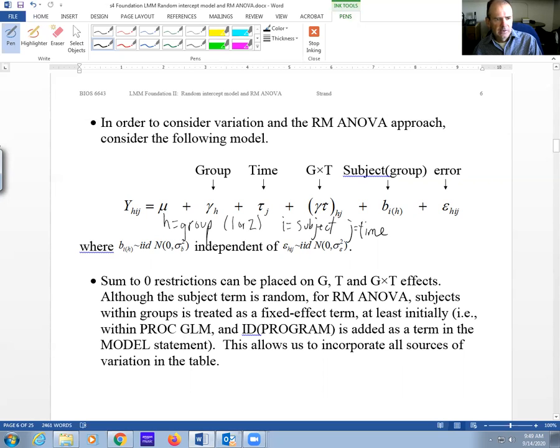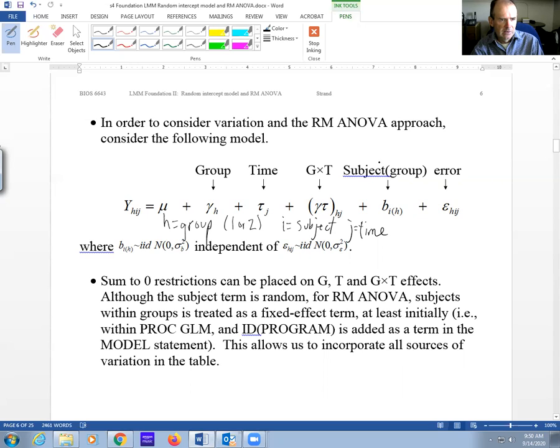You could call this interactive effect something else, but here I use gamma and tau together, and it kind of emphasizes the fact that it's an interaction effect. And then I have subject within group. You see this convention used in SAS.